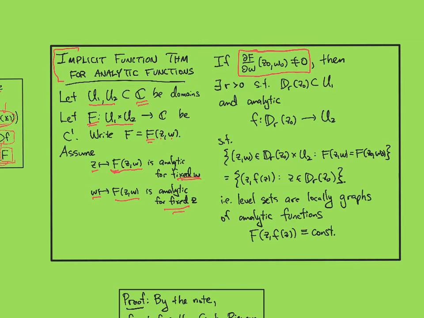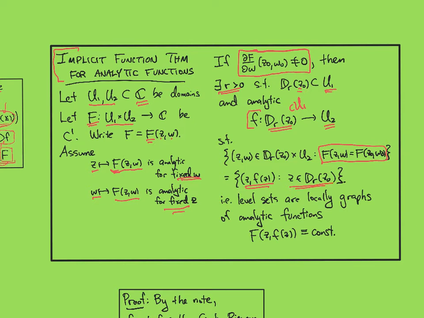And also, as in the implicit function theorem, we need a partial complex derivative to be non-zero. Then the conclusion is that there will exist a disk around z0 that sits inside U1, and an analytic function that maps U1 into U2 locally, so that the level set given by capital F at z0, w0 is given by the graph of this function little f, where z's are restricted to some small neighborhood of z0.